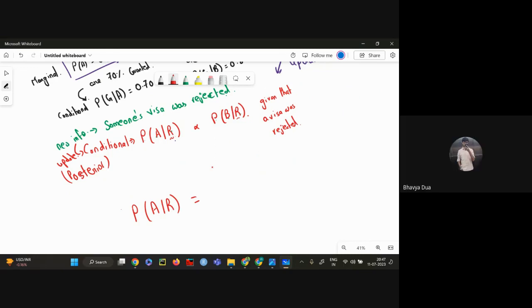So P of A given R is equal to P of R given A, multiplied by P of A, divided by P of R.